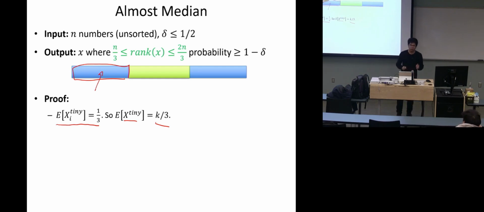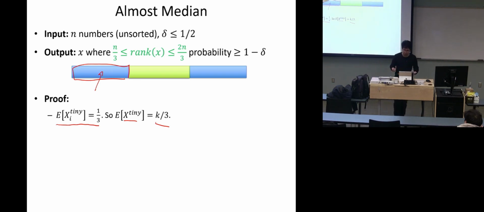But the algorithm is bad if x tiny is much more than k/3, more than k/2. And we don't expect this.